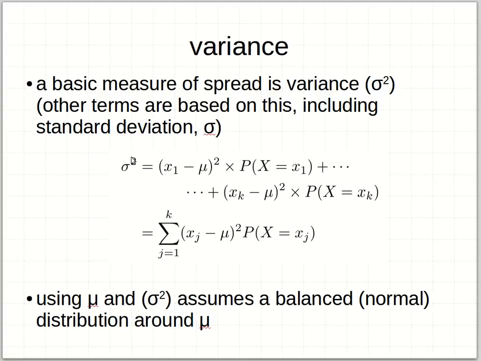So it's squared because we take the differences of a value from the mean and square it, and we multiply it times that probability. And we do that for each probability all the way out until we get to our maximum value. We add those all up, the product of those differences, the value from its mean squared times its probability.